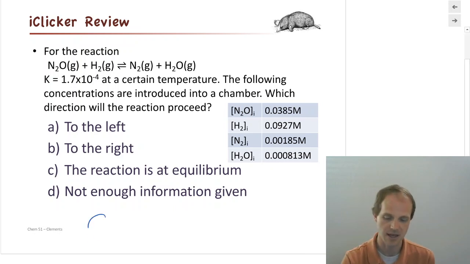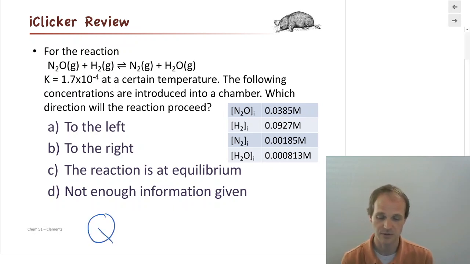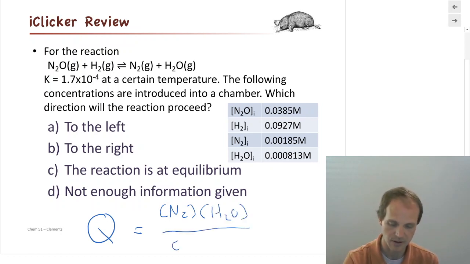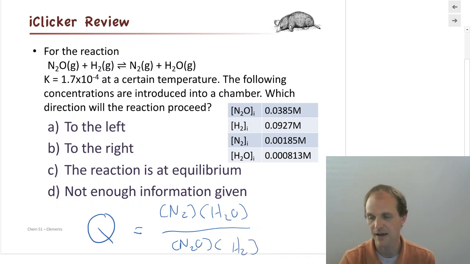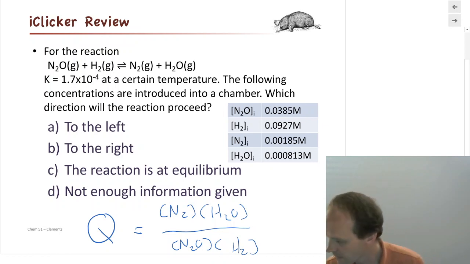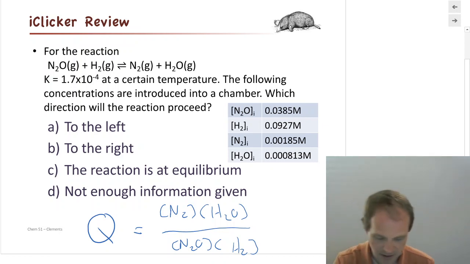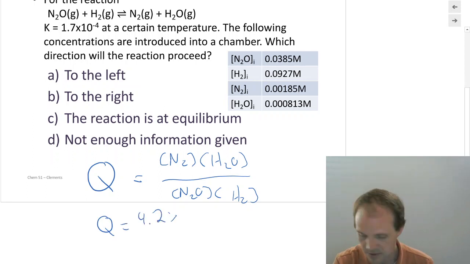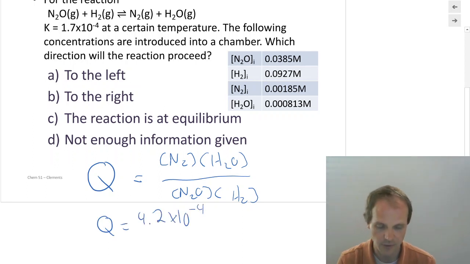Hopefully you came up with Q. Right? And Q is just a way of saying, how do I know which direction this goes? And this is going to be our products over our reactants. You plug in those values that we got there, and you should get that Q is 4.2 times 10 to the minus 4th.